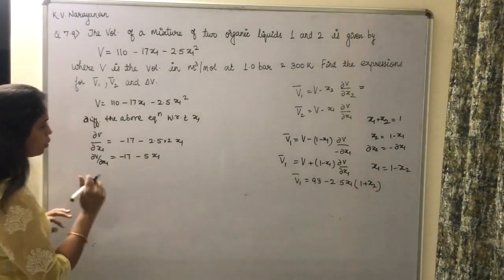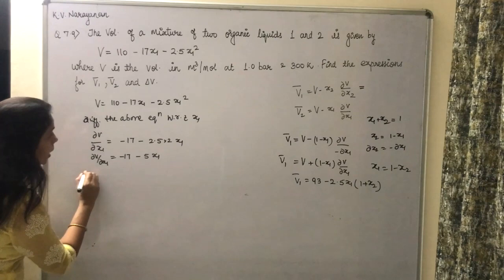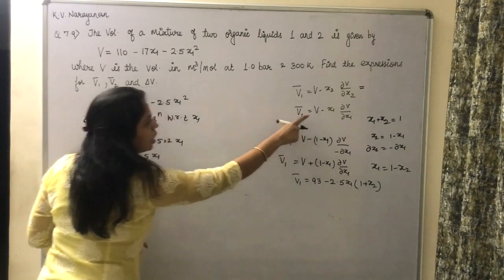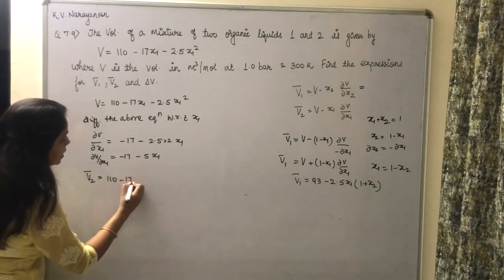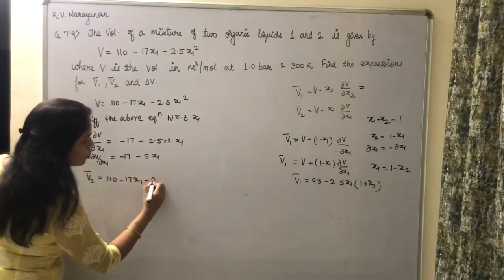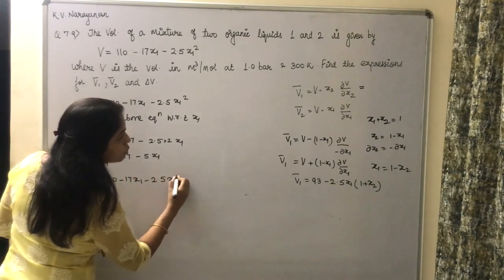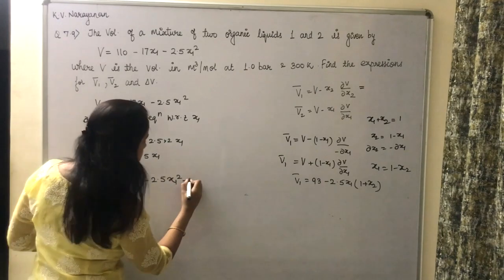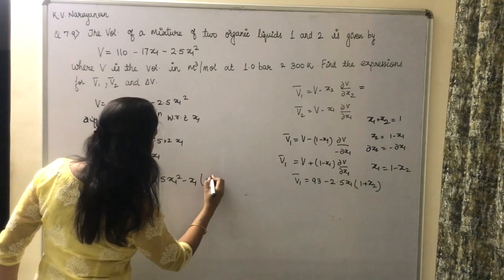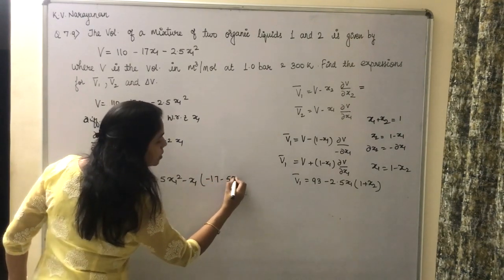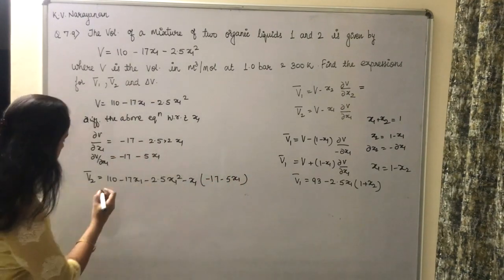Now let's find V2 bar. We know this is the formula, so substitute the value of V. V is 110 - 17 x1 - 2.5 x1², minus x1, which remains as it is, and in place of ∂V/∂x1 we substitute -17 - 5 x1.